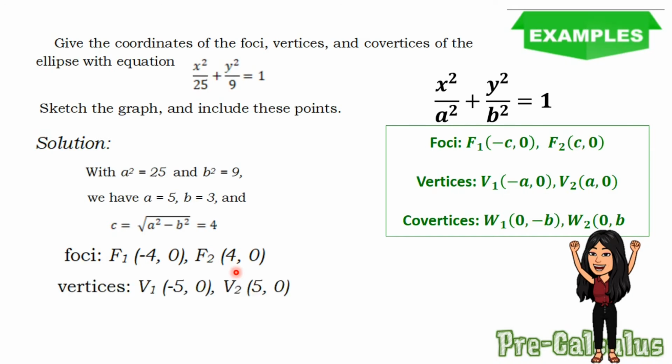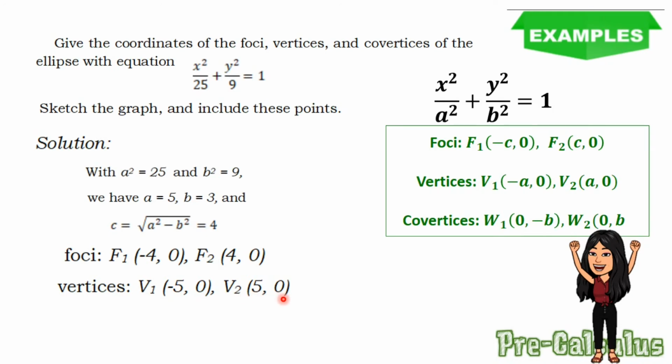Kapag naman kay vertex, meron tayong negative A, 0 and A, 0, since A is the letter that represents the vertex. So, since our letter A is equal to 5, we will be having negative 5, 0 and 5, 0 to be our vertices.